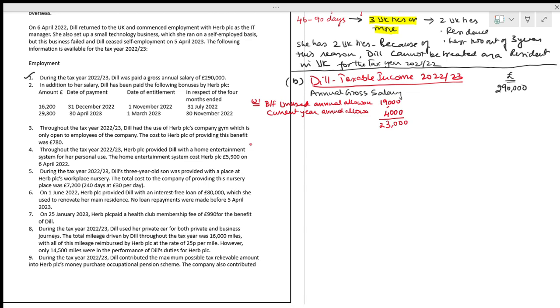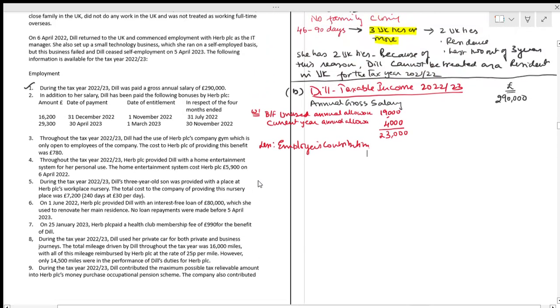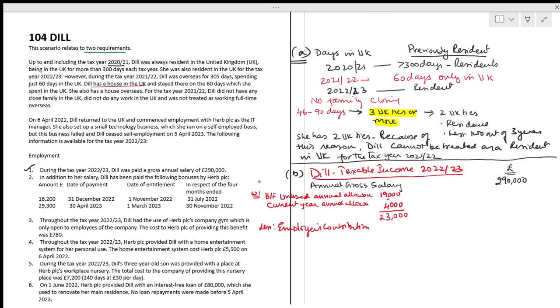Now, what is the employer contribution to be deducted? Employer's contribution is 9,000. The company also contributed how much? 9,000 less 9,000. It comes to 14,000. Right?